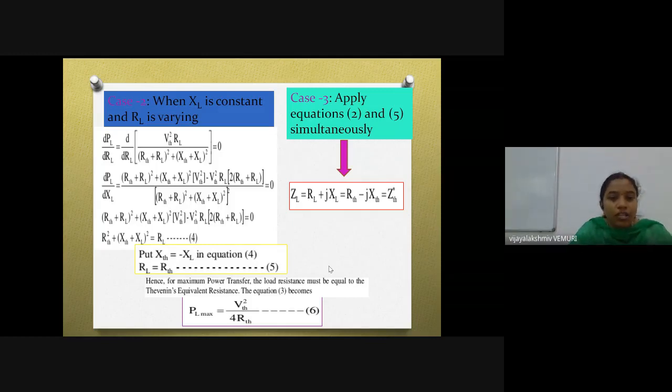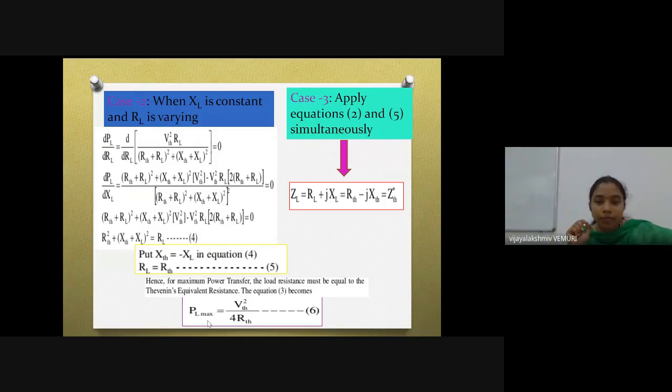Right? So now what is the value of maximum power which is transferred to the load? Always remember, power will always be absorbed by the real part of impedance, but not the imaginary part of impedance.